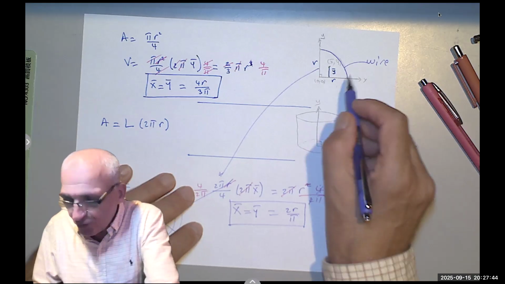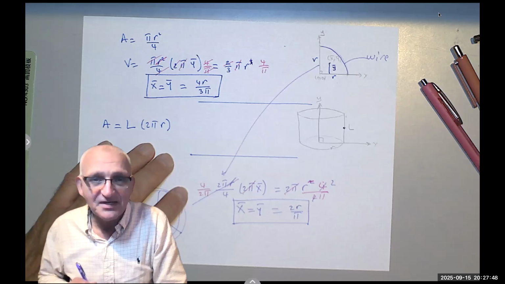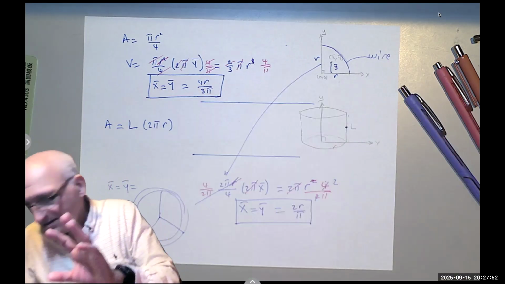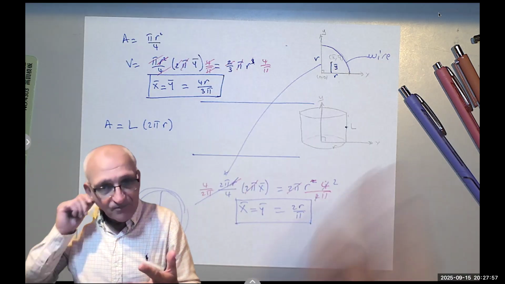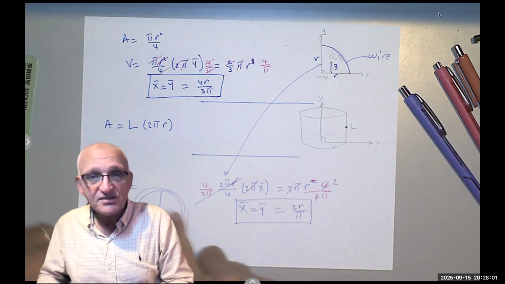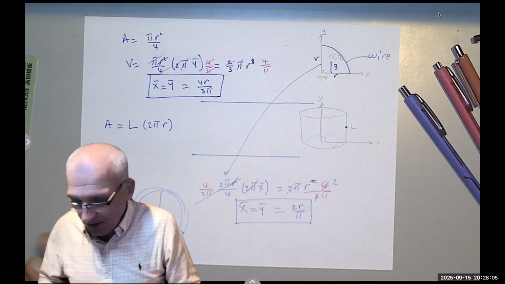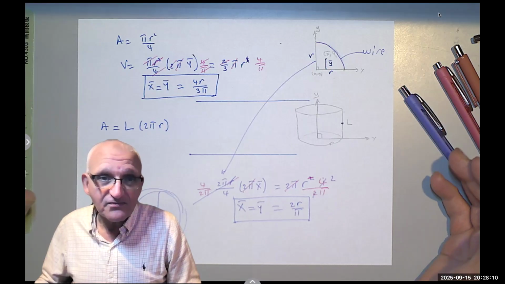But anyway, that's a very minor thing, but you have to understand that it's fine, especially for void members, to have the centroid in a void. That's no big deal.